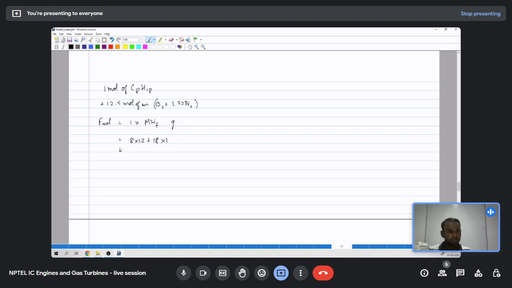you can also solve this in parallel and let me know the answer. What is the fuel mass?